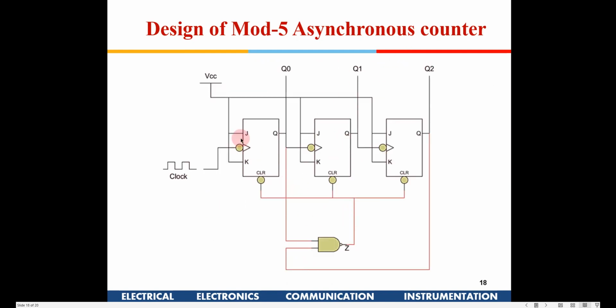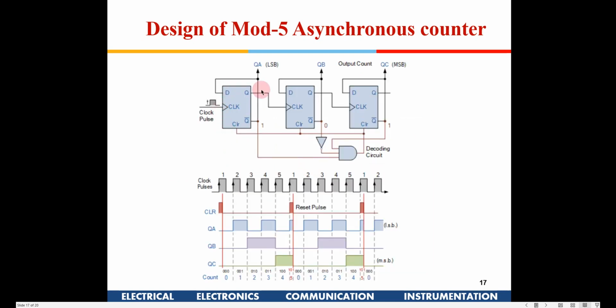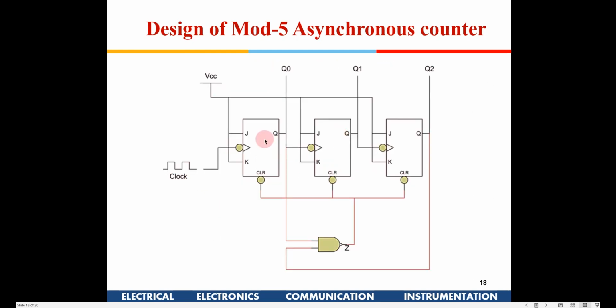This is again the asynchronous counter. Here we used D flip flops. Here you can use a JK flip flop, where again all the J and K are tied to VCC. That means they will act like a T flip flop. So 5 is 1 0 1, and if you see from 0 to 5, there is only one condition where the MSB and LSB are both high.